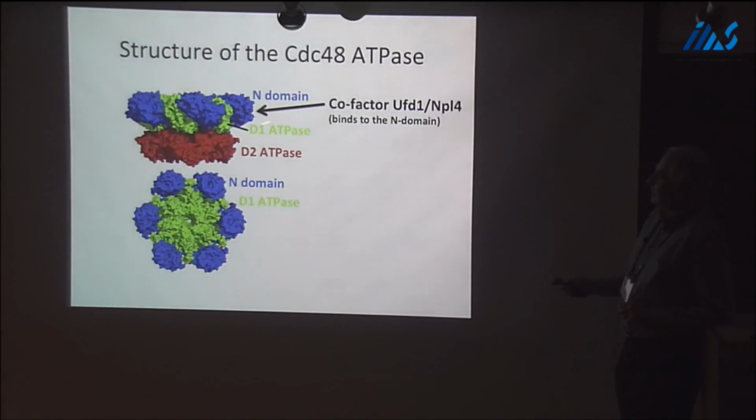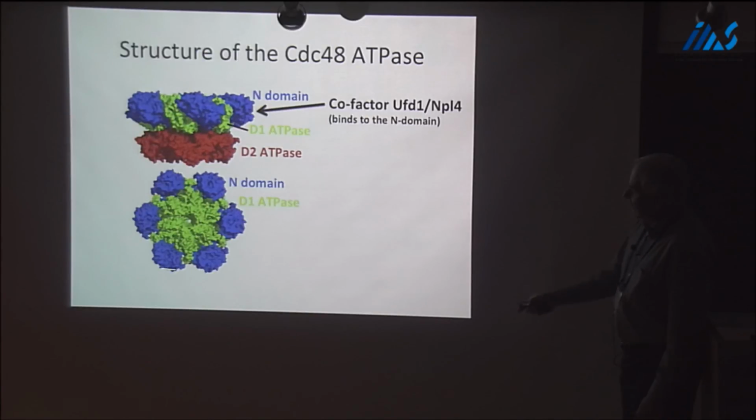So 6 of these molecules that I just described form a hexameric ring structure. So you have the N domain here, the D1 domain in green, and the D2 domain in red. This is a cryo-EM structure, as also X-ray structures.